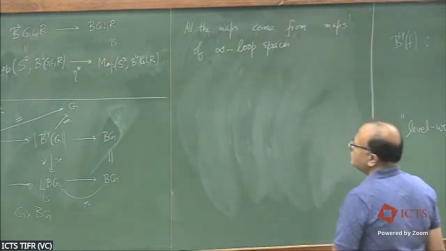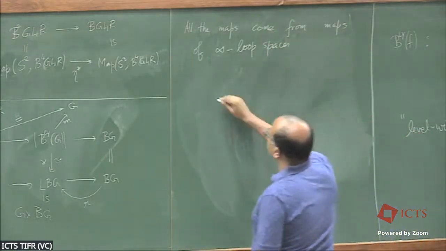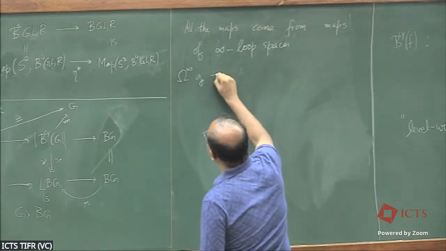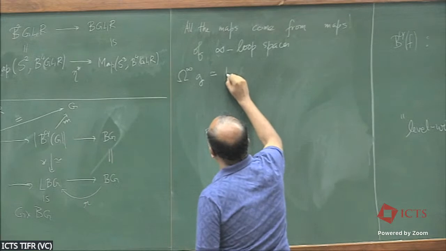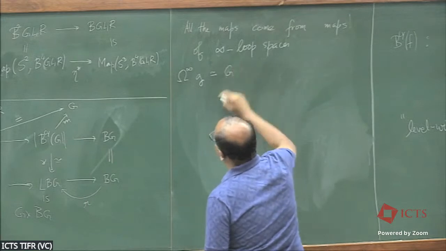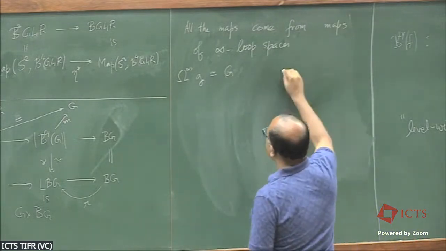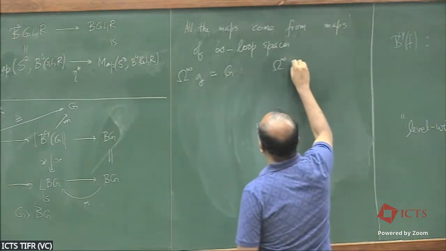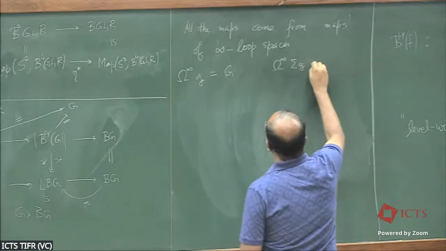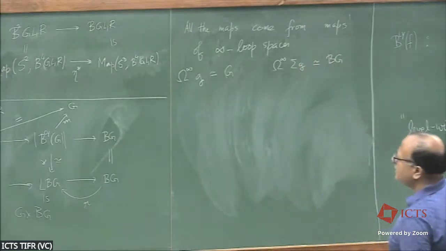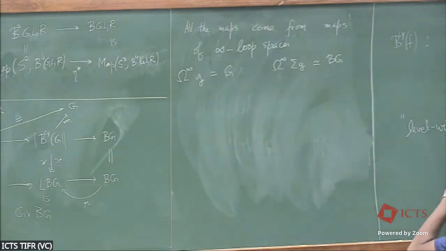So let's write now G for the connective spectrum of capital G. Write it like this, and so then you see that the omega infinity of the suspension of G is BG. And so this we can now write as the following.